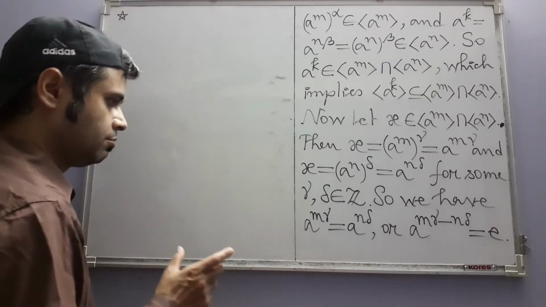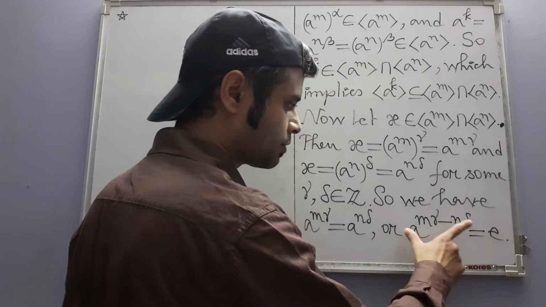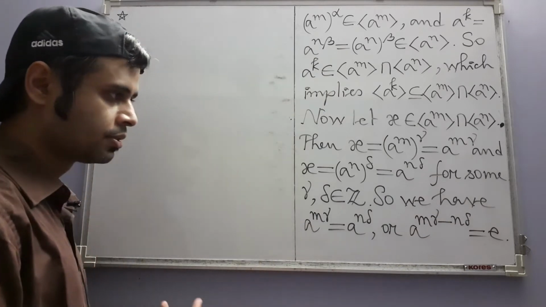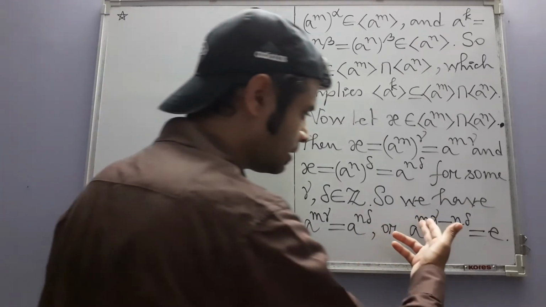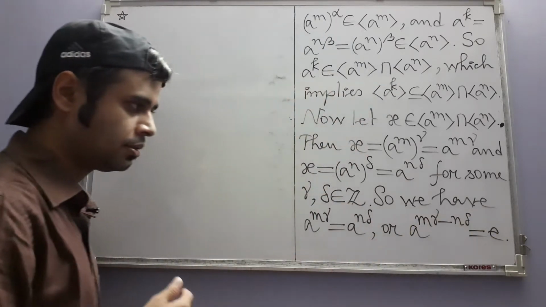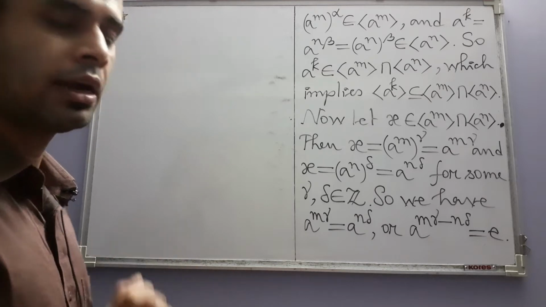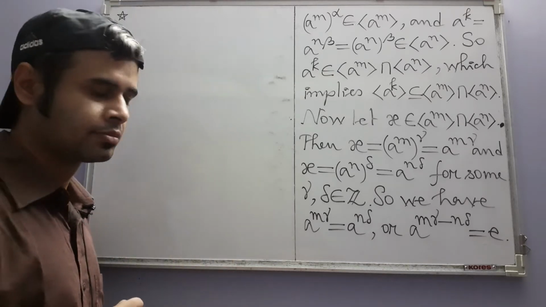Now you look at this equation. This equation of course is true if this exponent is equal to 0, but some other integer values of this exponent may also give you e. However, that cannot happen. Do you see why?